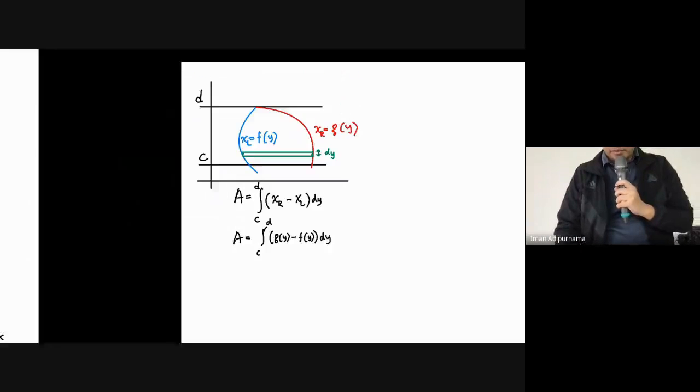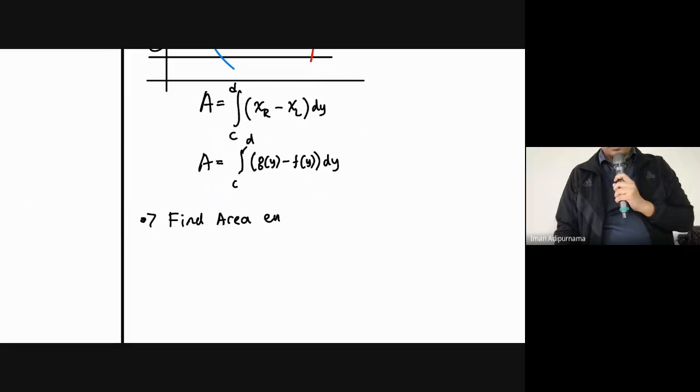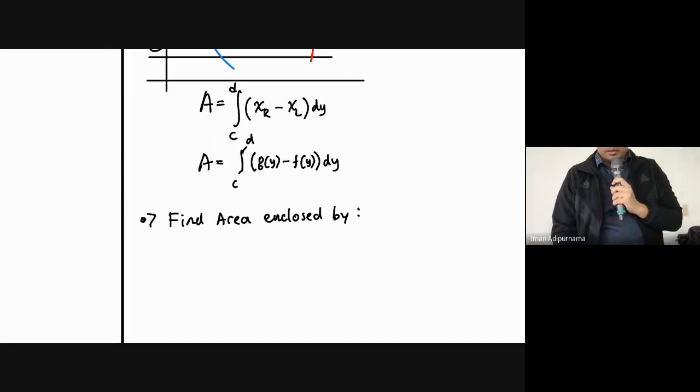Okay, let me give you one example for this case. So find the area enclosed by y equal x minus 1, y squared equal to x plus 6.